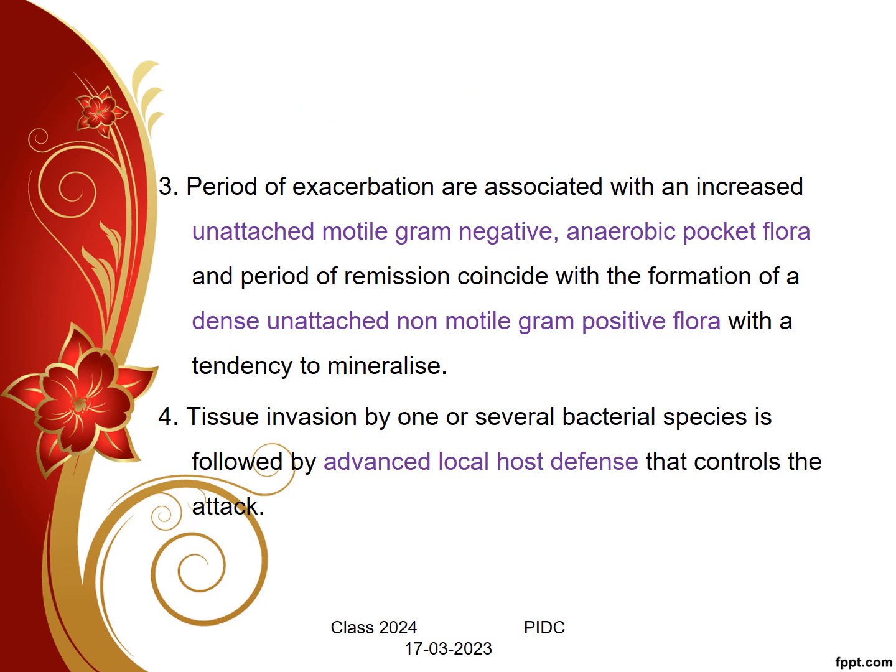Next, periods of exacerbation are associated with increased gram-negative anaerobic flora, whereas during periods of remission you have good bacteria, gram-positive flora. And another is tissue invasion by one or several bacterial species, which is followed by advanced local host defenses that control the attack. So that's why you have a period of quiescence, because advanced local host defenses control the attack there, right?